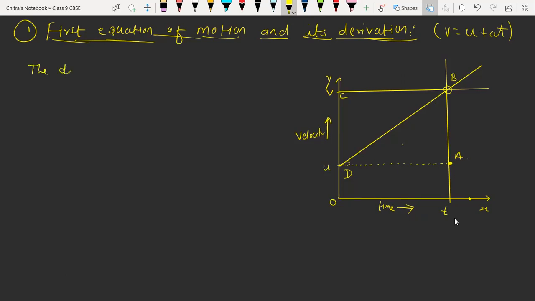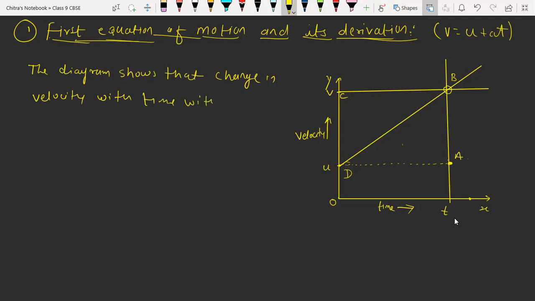The diagram shows that change in velocity with time of uniform acceleration, because the line is straight line, that means it is uniform acceleration.